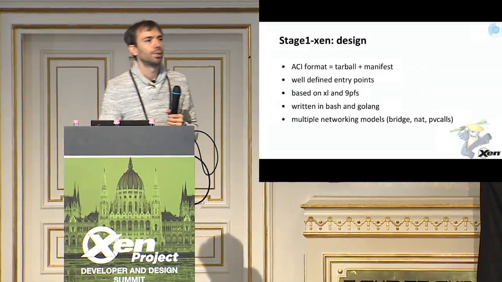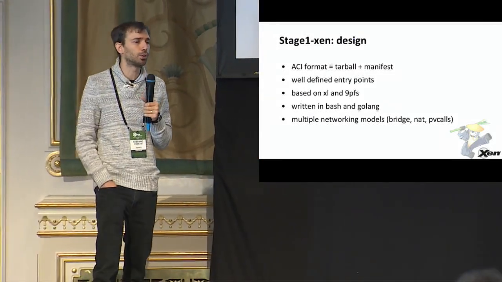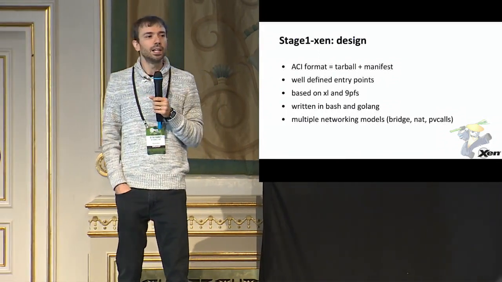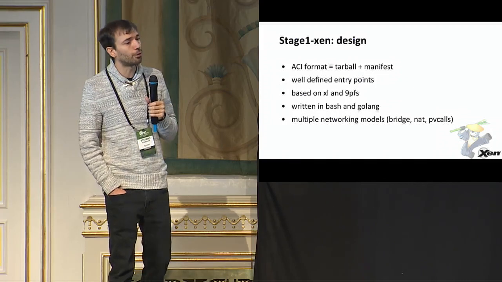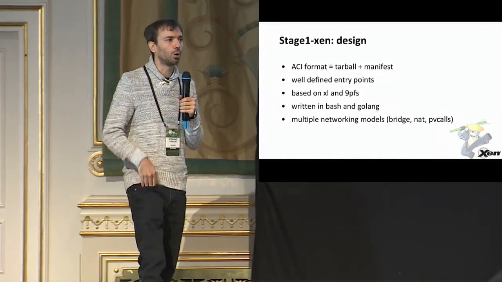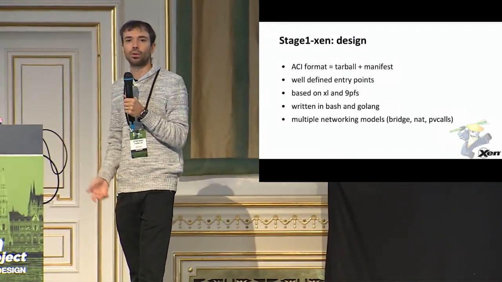Right. So what is the base architecture of Stage 1 Xen? First of all, let me tell you, it's quite early days. But basically, it's written in Bash and Golang. It calls into the Excel binary to create VMs, stop VMs, connect to the console.